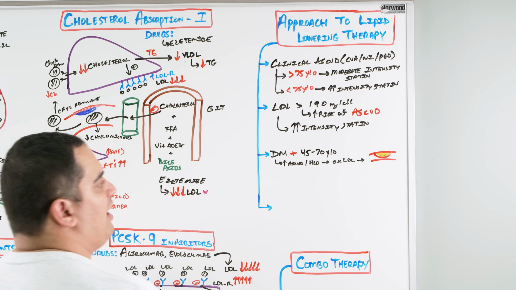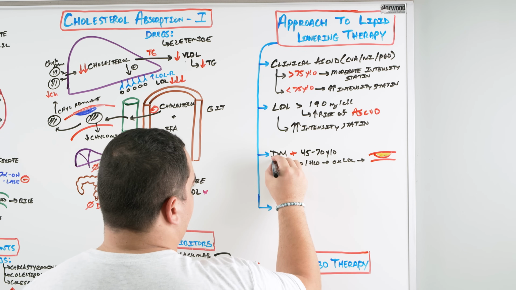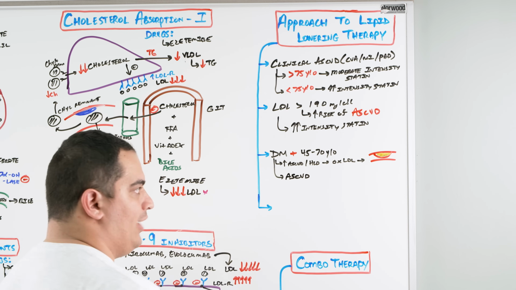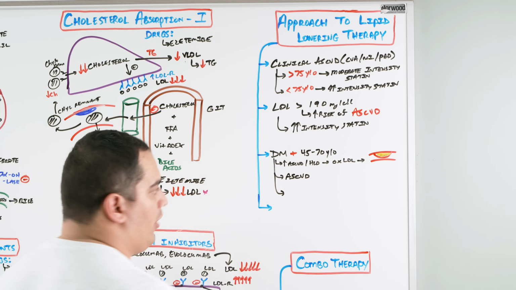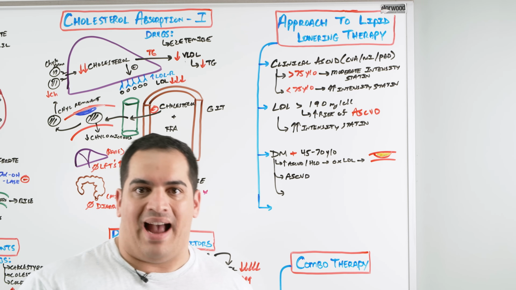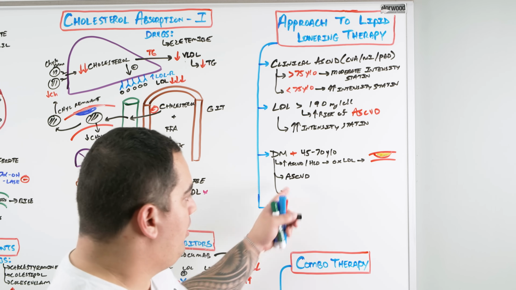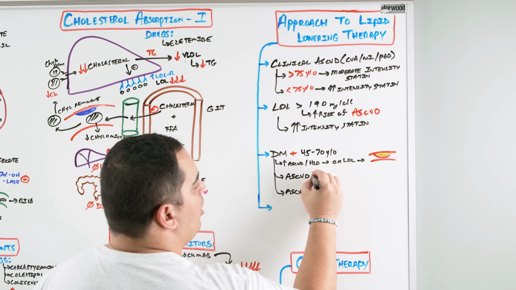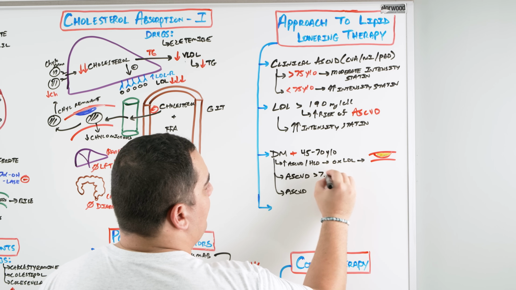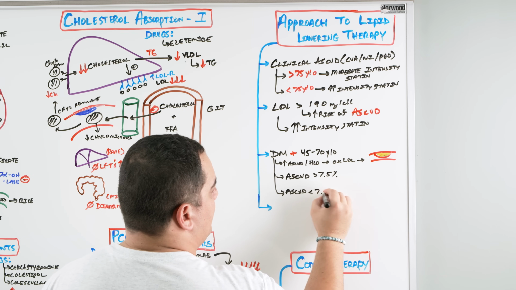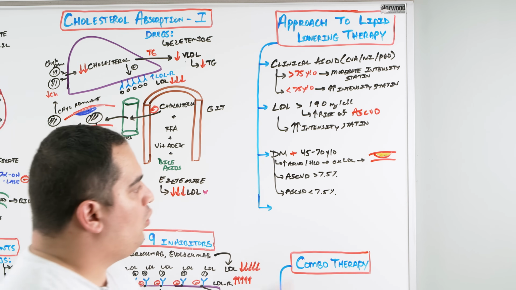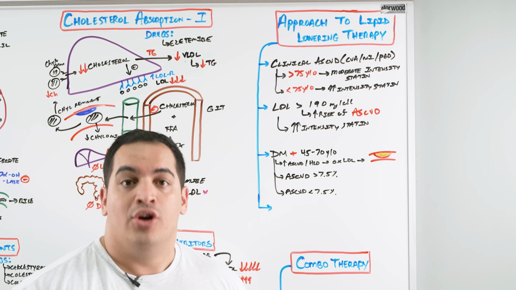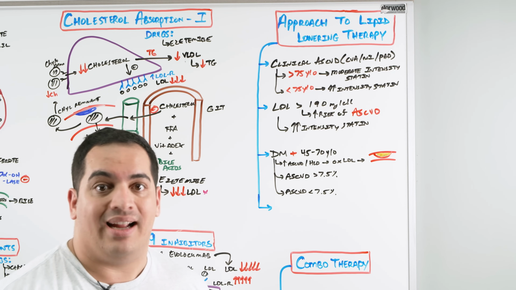So what you do is you risk stratify these patients into two categories, and you look at their atherosclerotic cardiovascular disease risk calculation. So if you go into MDCalc and you put in their risk factor calculation, their percentage based upon their atherosclerotic cardiovascular disease, you're looking at a particular number. What you want to know is it greater than 7.5% or is it less than 7.5%? If your risk is greater than 7.5%, you're at high risk of a clinical atherosclerotic event. So because of that, you need to be on a high intensity statin.